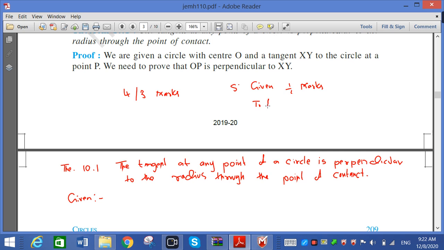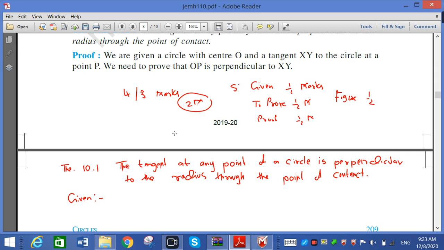To prove, again half marks. Proof, again half marks. So given, to prove, proof and diagram, or we can say figure, to get half marks.